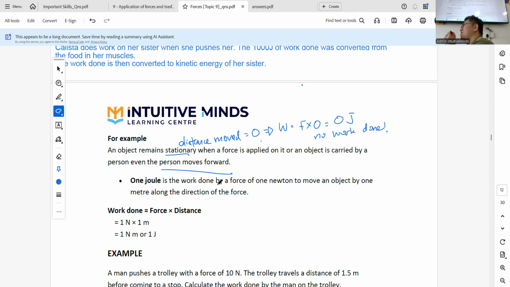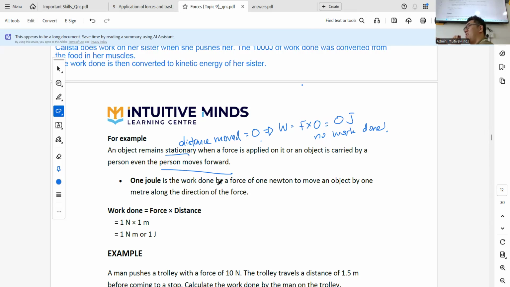Now, if I move forward like this, where's the distance? Here. Okay, but my force is up. The distance is here, my force is up, because I need to push upward to hold the pen. So where is the distance?